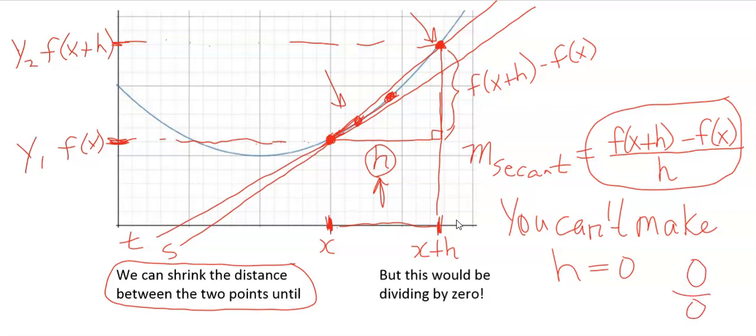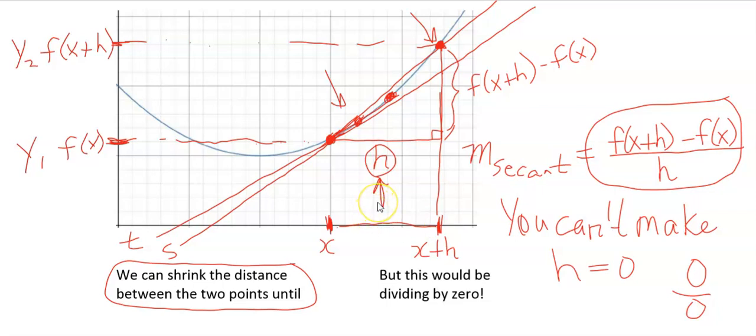Let me stress that again. You can't just put in 0 for h. You can't do it because you get an undefined expression. But you can get them closer and closer until they're practically touching.